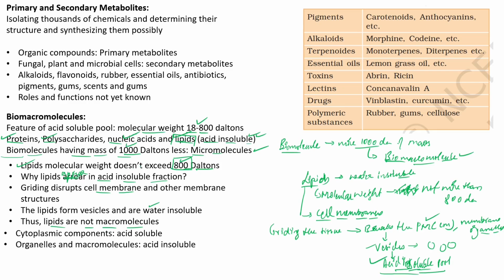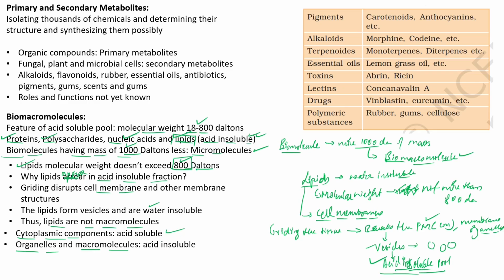Now, if you consider the cell, we mainly find two types of constituents. The first one is the cytoplasmic constituents or cytoplasmic components, and the other is the organelles and also the macromolecules. So in a cell, the cytoplasm, which we call the cytoplasmic constituents, is mainly referred to as the acid soluble fraction or acid soluble pool.